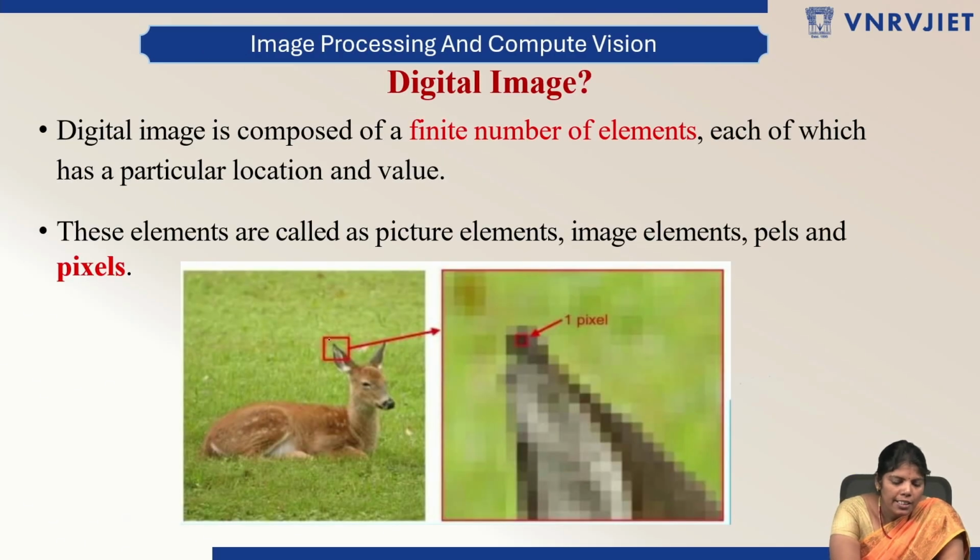If you take this part, how many pixels are there? You can see every pixel has its own color. It varies from one pixel to its neighboring pixel value, and it holds the intensity of that particular pixel. It is a colored image value. Each element in the image we call a pixel, or picture element.